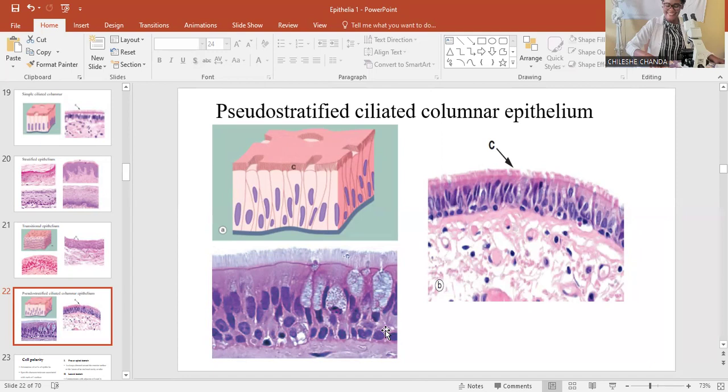The normal for simple columnar epithelium is that the nuclei are at the same level towards the base of the cell. However, in pseudostratified columnar epithelium, the nuclei are going to be at different levels because, one, these cells are closely packed, and two, because of the presence of these goblet cells among them. So you'll find that other cells will be so closely packed that the nucleus is going to be moved towards the apical surface of the cell.